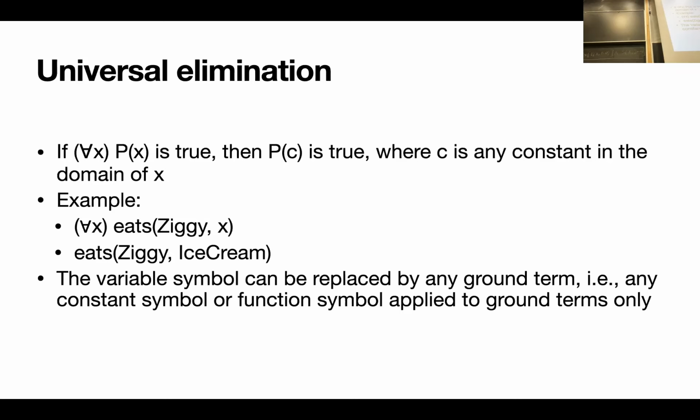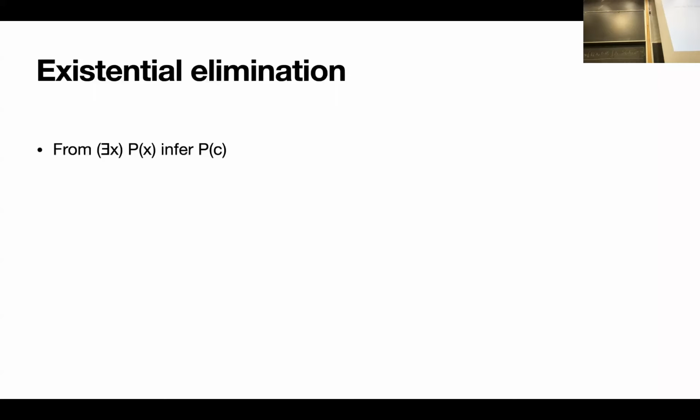Okay. Next one, existential elimination. What about when we have an exists operator? The idea here is that if we have something like exists x, p of x, we can infer p of c because there exists at least some c such that this holds. For example, exists x, eats Ziggy x, we can infer something like eats Ziggy, stuff. We introduce a new constant called stuff that represents that particular element that existed here.